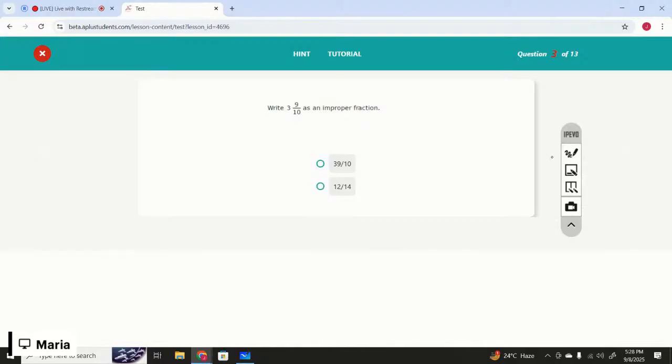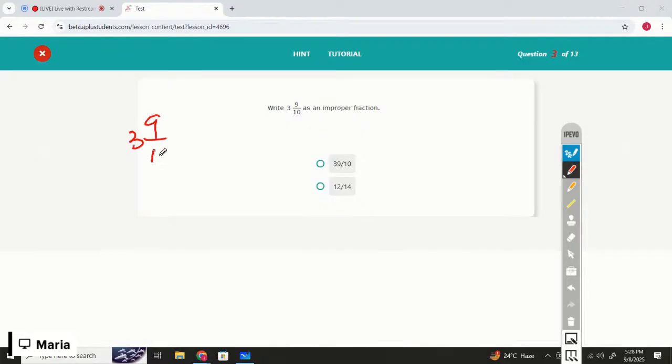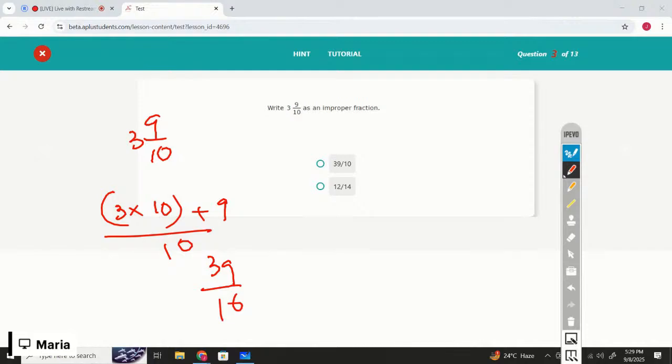Write 3 whole 9 by 10. That is 3 whole 9 by 10. 3 times 10 plus 9 over 10. 10 times 3 is 30 plus 9, 39 over 10.